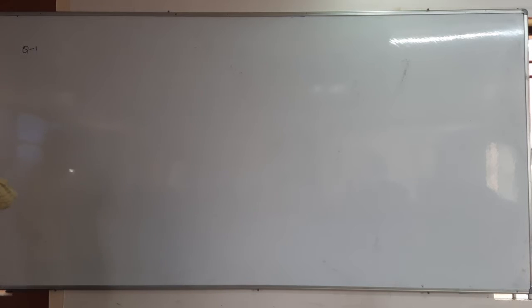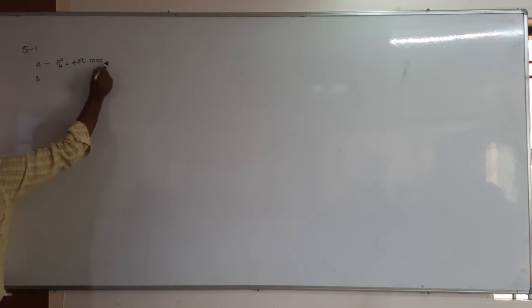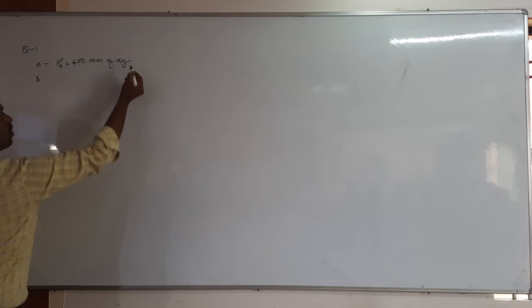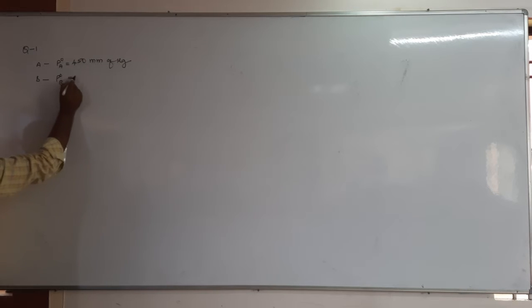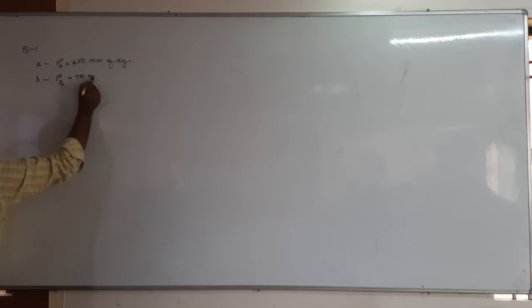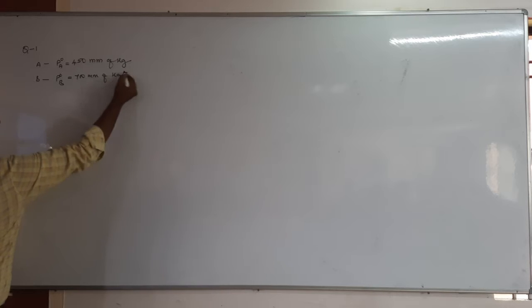Okay, listen. So here there are two liquids A and B. The vapor pressure of pure liquid A, P naught A, equals 450 mm of mercury, and the vapor pressure of pure liquid B, P naught B, equals 700 mm of mercury respectively.